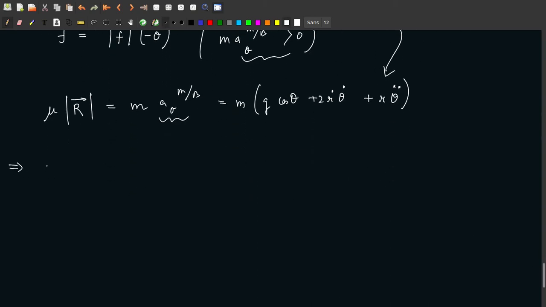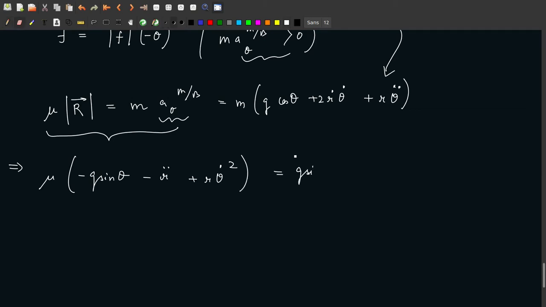It's just a little exercise to put in the values, and what you will get out of this condition is that mu times (minus g sin theta minus r double dot plus r theta dot square) is equal to g cos theta plus twice r dot theta dot plus r theta double dot.